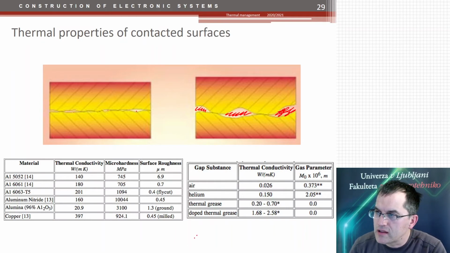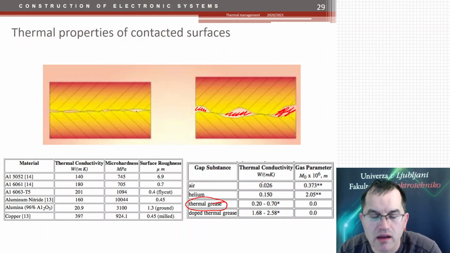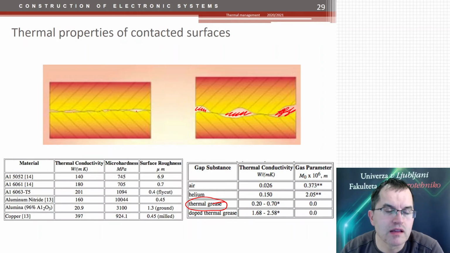And for that, we have thermal grease. Thermal grease is a much better conductor than air, which can significantly improve the thermal conductivity here.